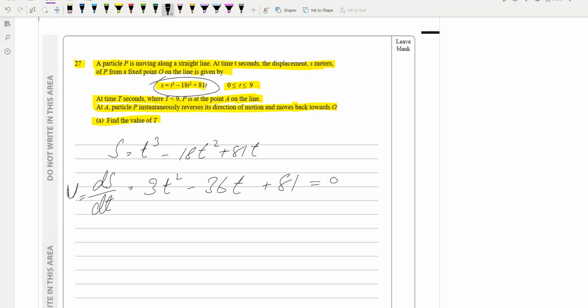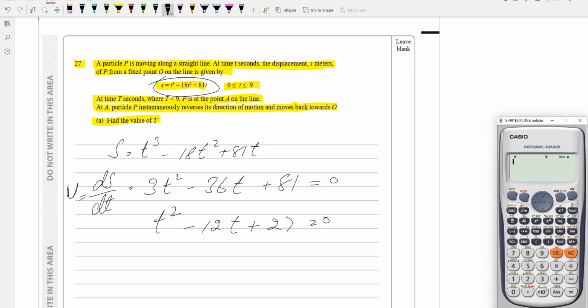We can factorize this. We can divide by 3, so t squared minus 12t plus 27 is equal to 0. To factorize, the coefficient of t squared is 1, the coefficient of t is minus 12, and the constant is 27, and the factors are 9 and 3.